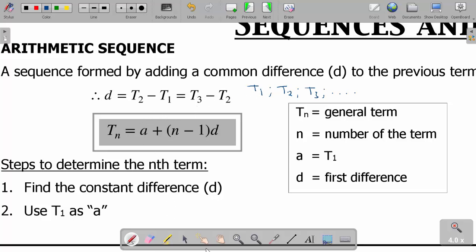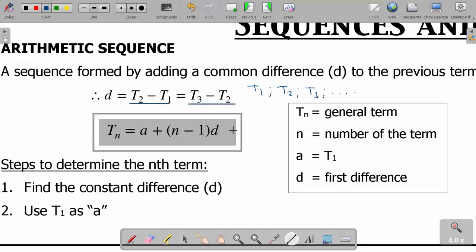Alternatively, I can use T3 minus T2. They all give me my common difference, which is d.